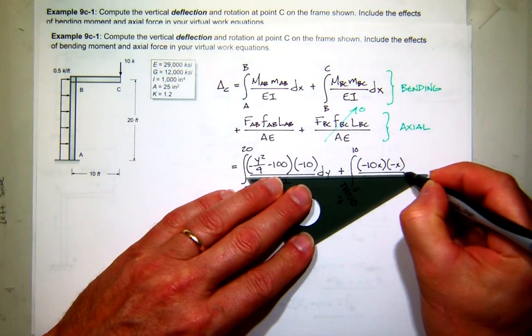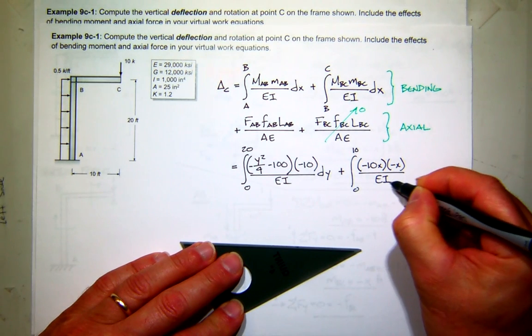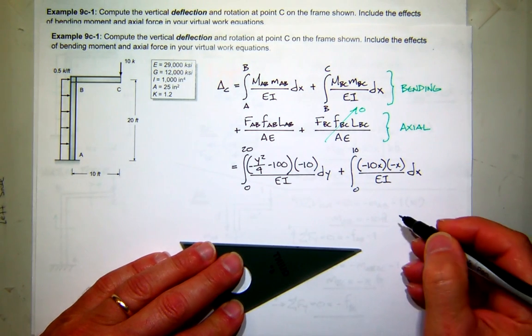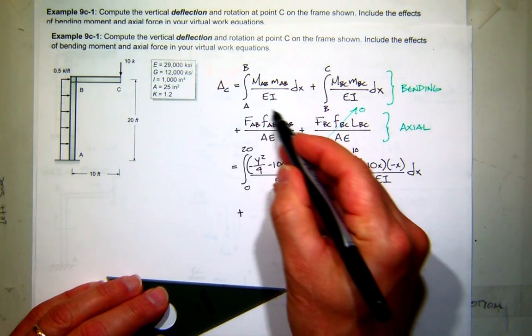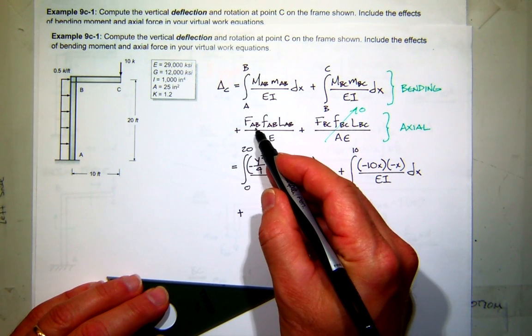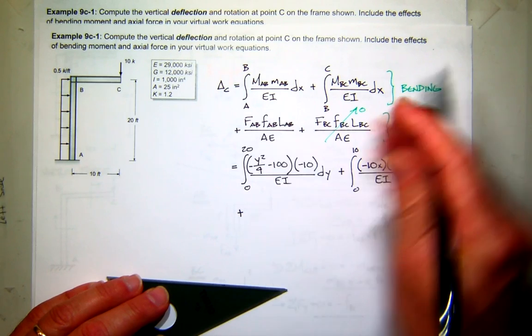And divide that by EI, integrate that in the x direction. And then we need to add to it this piece, which is the real force, virtual force, length divided by AE.